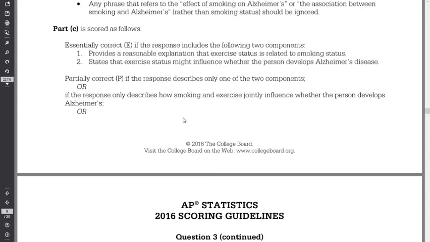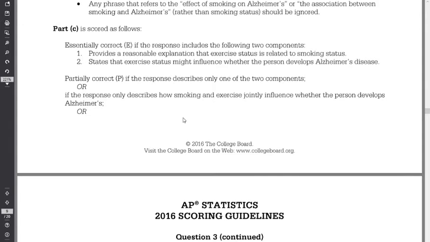And then part C, you should be saying that exercise may affect smoking status. The idea of a confounding variable is that the effects of the confounding variable and the explanatory variable can't be distinguished in how they respond. So it's hard to tell the difference between whether the smoking or the exercise caused the risk in Alzheimer's.